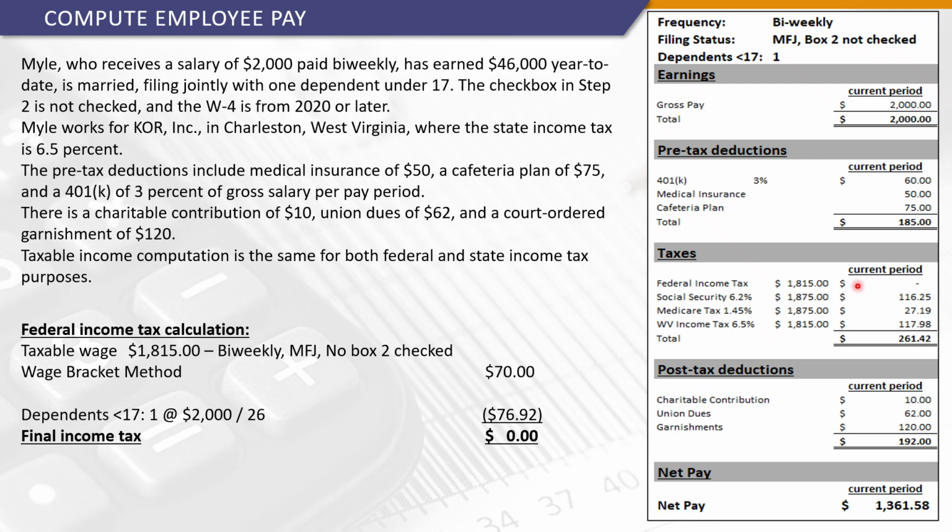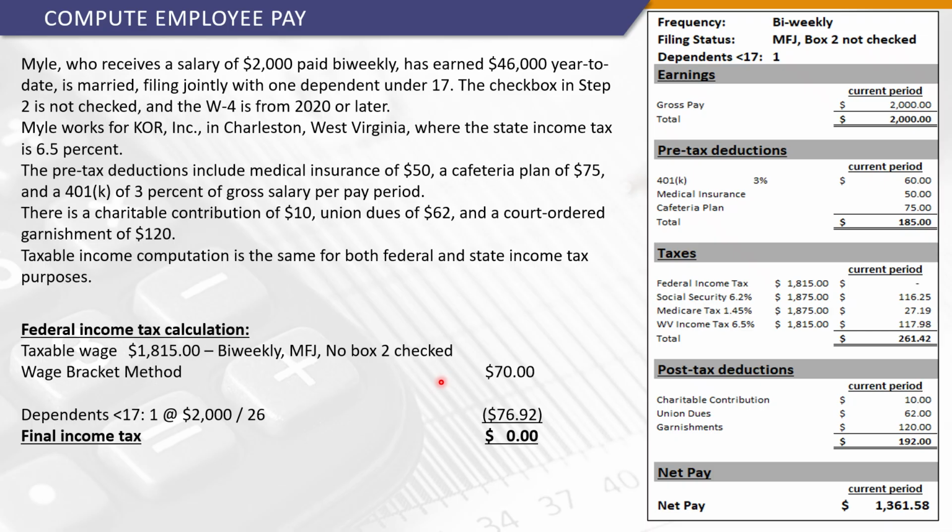By looking up the federal taxable wage of $1,815 in the tax table for biweekly payroll for years 2020 and later, and finding the tax for married filing jointly taxpayers who did not check box 2 on the Form W-4, that amount is $70.